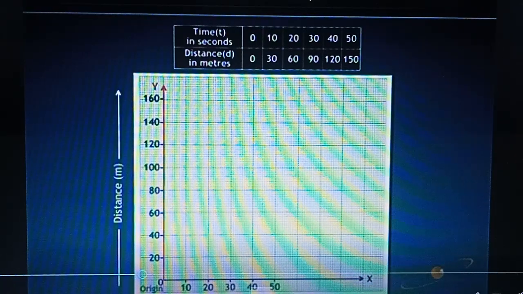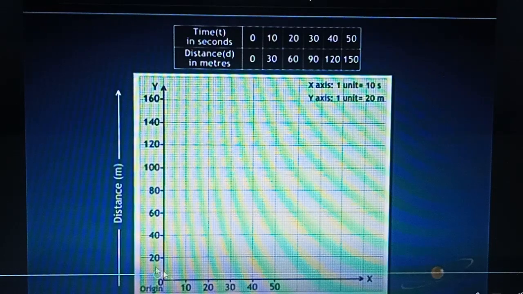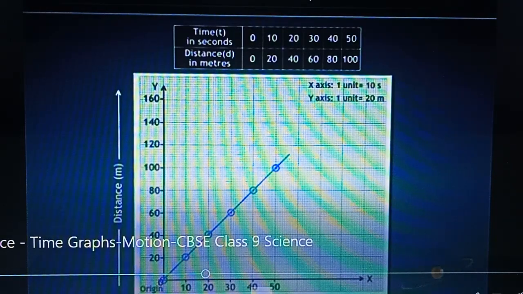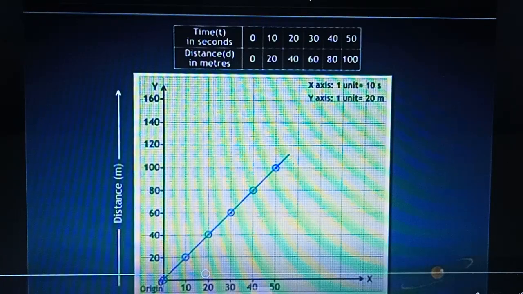The intersection of these two is the origin, with time on x and distance on y. Now start plotting this table on the graph. You will be getting certain points, and finally we will be getting a straight line. Now this straight line represents that we are having a uniform motion.